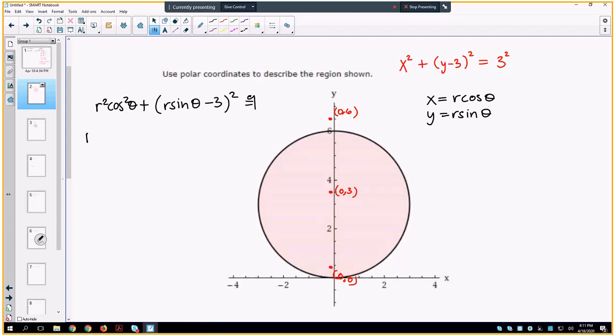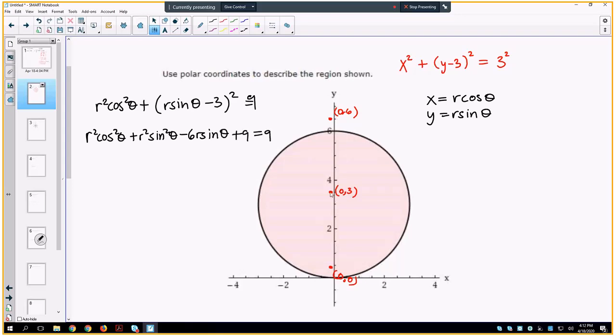So I have r squared cosine squared theta. If I expand here, I get plus r squared sine squared theta minus 6r sine theta plus 9 equals 9.